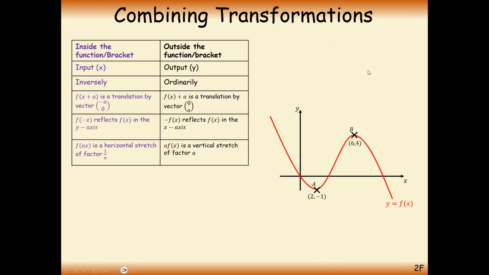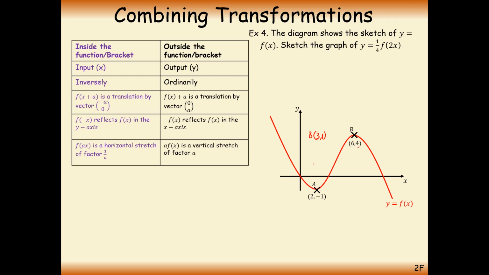Okay, so let's look at the next example here. Here, we've been asked to sketch the graph for a function that's changed by a factor of a quarter outside of the function and 2 multiplied inside the function. So the stretch factor for x actually will be half. The 6 will be half to 3. 4 will be multiplied by a quarter, so it will turn into 1.